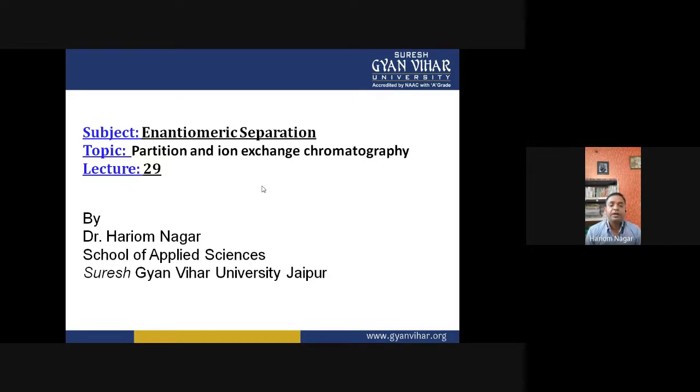And in ion exchange chromatography, there is exchange of ions and the separation of the compounds on the basis of the exchange of ions. And this exchange of ions depends upon the charge density. Charge density is which charge is present on the ions, either positive charge or negative charge.